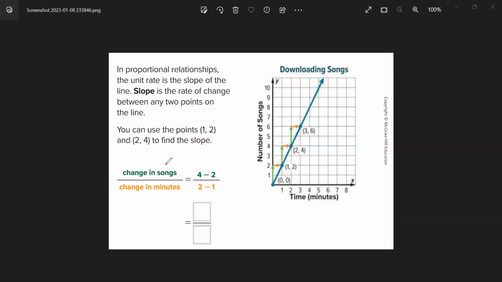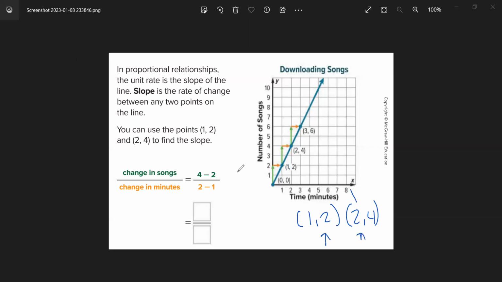Let's take a look at this one. So the change in songs. If I download 2 songs, it will be 1 minute. For 4 songs, it will be 2 minutes. So my points right here are (1, 2) and (2, 4). This point right here and this point right here. Why are they expressed like this?